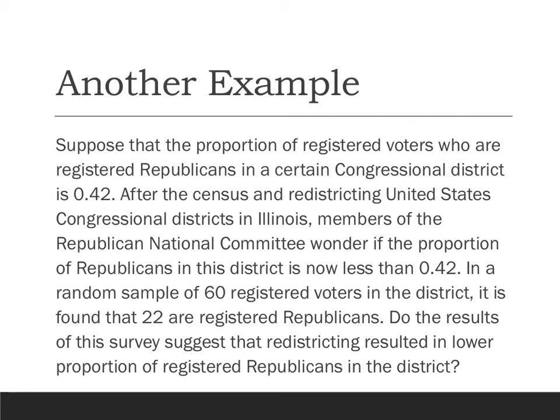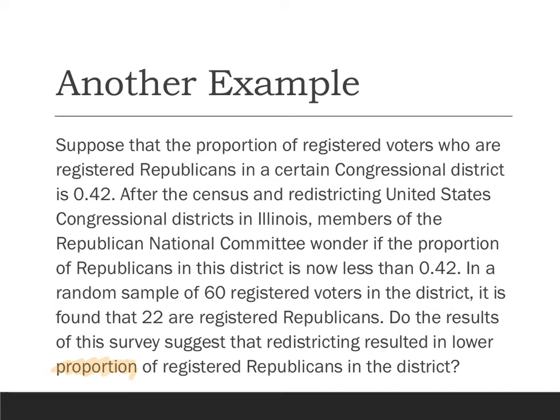All right, so we've got several things that we want to be sure we register, no pun intended with registering voters, but we want to stick in our head. So first of all, of course, we've got the word proportion in here, so we want to keep that in mind. We're dealing with a proportion, and if we're dealing with a hypothesis test, then we're likely going to use a one-prop z-test.